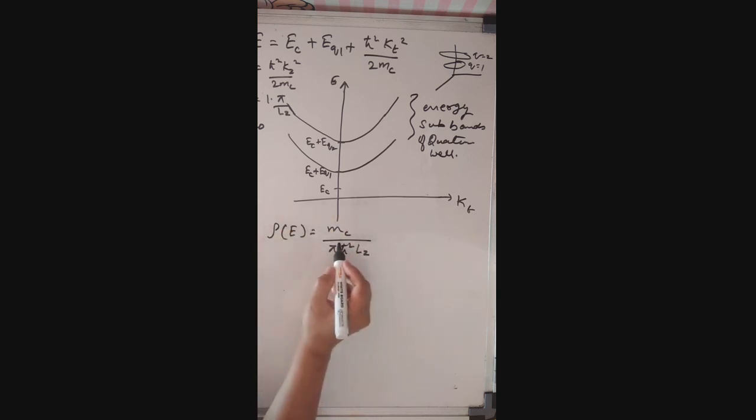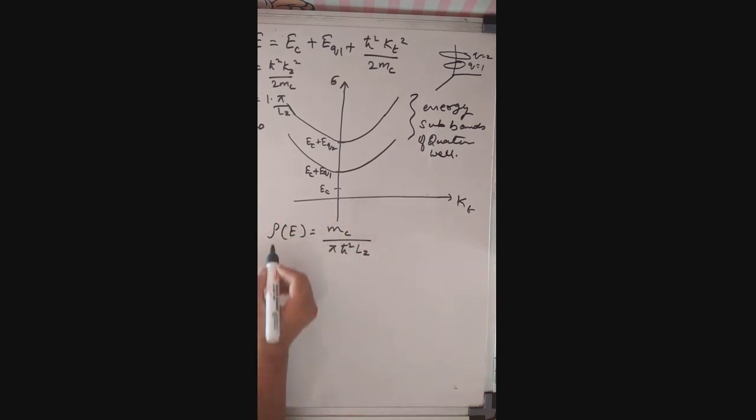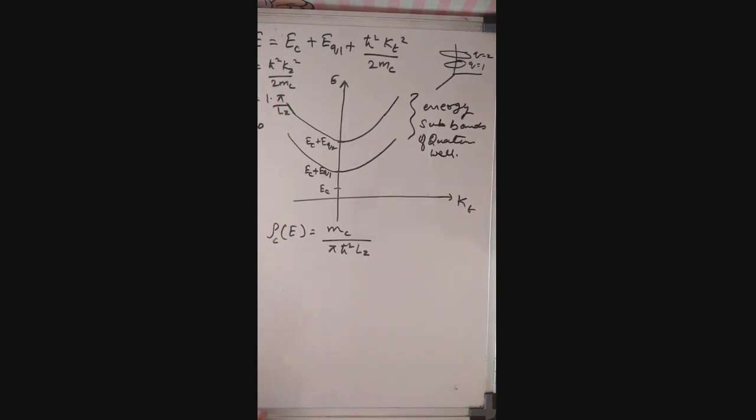This approximation we have calculated using the conduction band approximation, so I can write it as ρc, because we are talking about the conduction band, not the valence band. So this is the density of energy states in the conduction band, and I'm plotting it for the conduction band only. Here, this is your energy and this is ρc(E), the density of states in the conduction band.